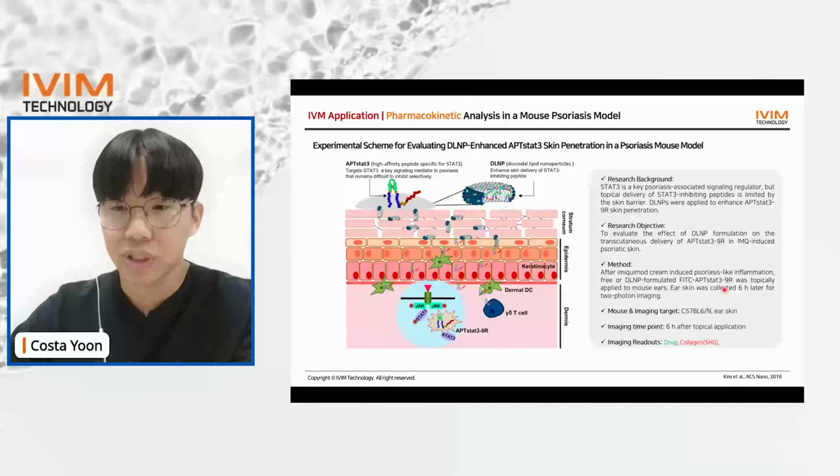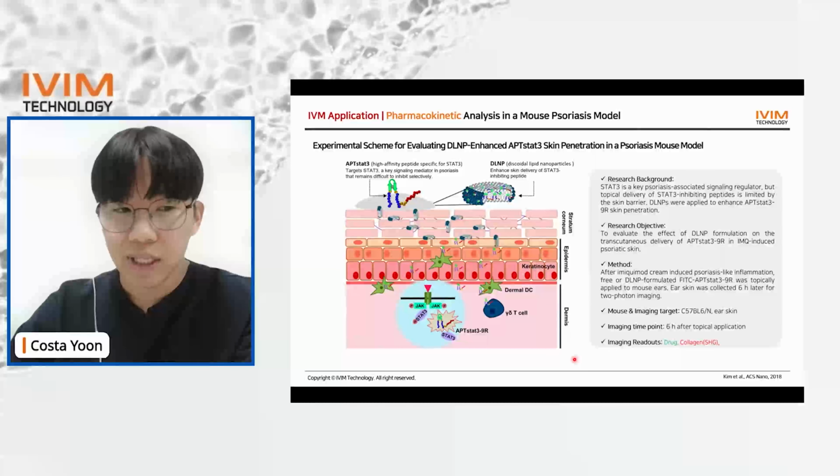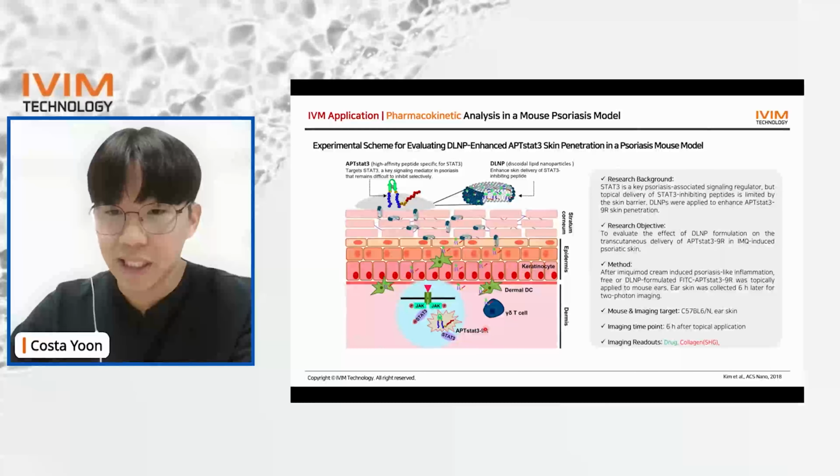The next study was designed to evaluate the skin penetration of a topical therapeutic agent in a psoriasis mouse model. ST3 is a key regulator of inflammatory signal, and its inhibition has shown therapeutic potential in psoriasis.